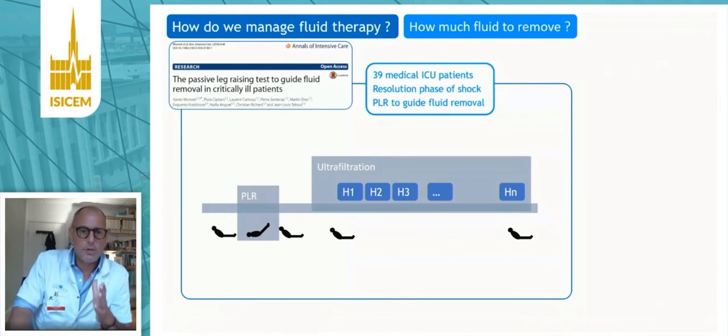To assess that simply, we conducted a study where, before removing fluid with ultrafiltration at the de-escalation phase of shock, we performed a passive leg raising to assess fluid responsiveness. We wanted to demonstrate that in patients without preload responsiveness, there was no hypotension during the ultrafiltration, during the renal replacement therapy conducted just after.